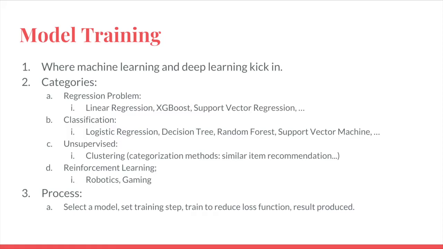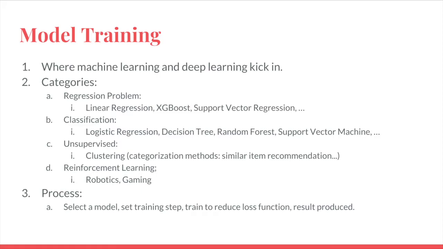Basically, they deal with only four categories of problems. For regression problems, we have linear regression, XGBoost, support vector regression and so on. For classification, we have the simplest and most traditional logistic regression, and then decision tree, random forest, and support vector machine. The third category is unsupervised learning.